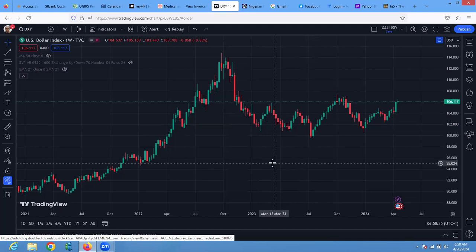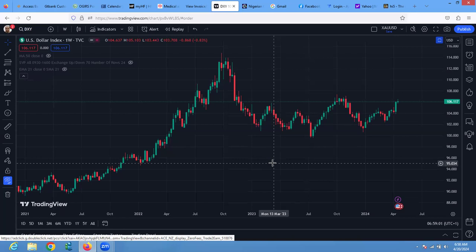But where I want to come into is the wave 2 of a particular wave. When you have a wave 1 and you're going to have a wave 2, or you have a wave A and you're going to have a wave B. So if it's an A and a B correction, or if it's a 1 and a 2.